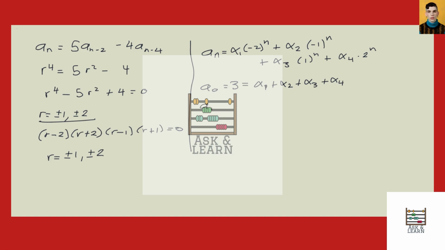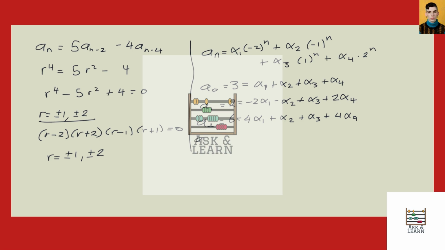We have a_1 equal to 2, because that's the initial condition. Minus 2 to the 1 is just minus 2, so minus 2 alpha 1. Minus 1 to the 1 is minus 1, so minus alpha 2. 1 to the 1 is 1, so plus alpha 3, and finally plus 2 alpha 4. So a_2, given by the initial condition, is equal to 6, which equals 4 alpha 1 plus alpha 2 plus alpha 3 plus 4 alpha 4.